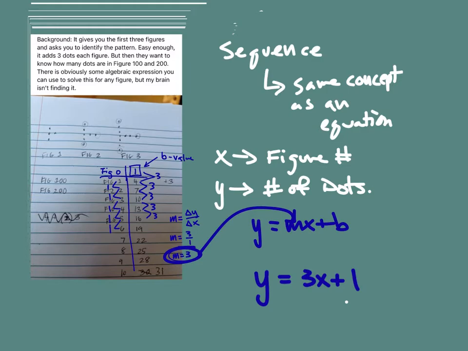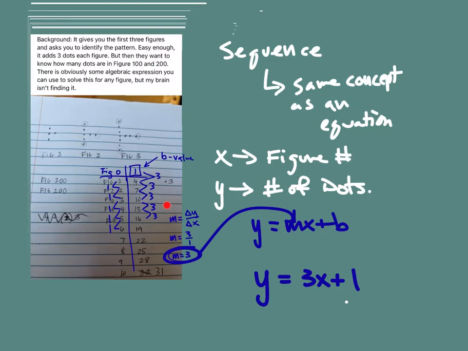If you identify that this is a linear pattern, this is just one way to do it. There is another way. There's a formula that's used when you're dealing with sequences that's specific to this. I can't remember it off the top of my head, but I do this kind of stuff all the time. So with that, how many dots are in figure 100 and 200?